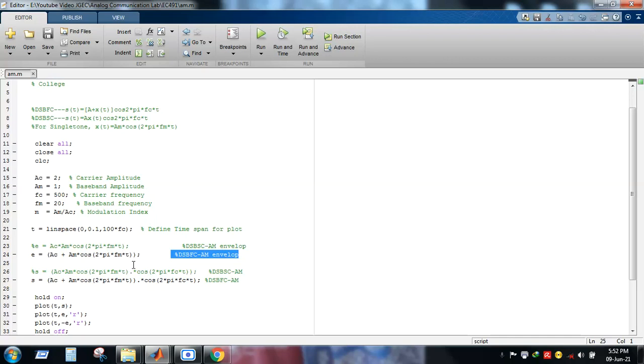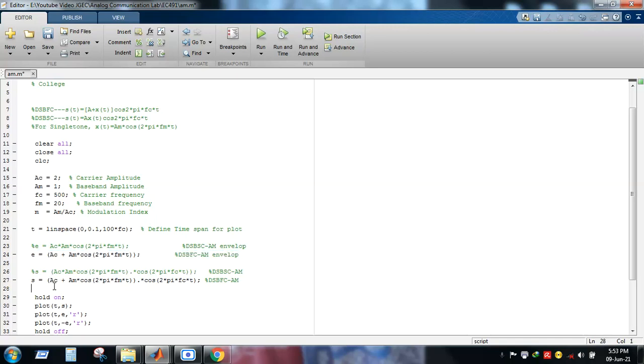Observe, this one is a comment line, because we are using a percent sign before the instruction. Whenever we want to observe the envelope of the DSBFC we use this line, because we are considering DSBFC initially. So this one is the DSBFC envelope.